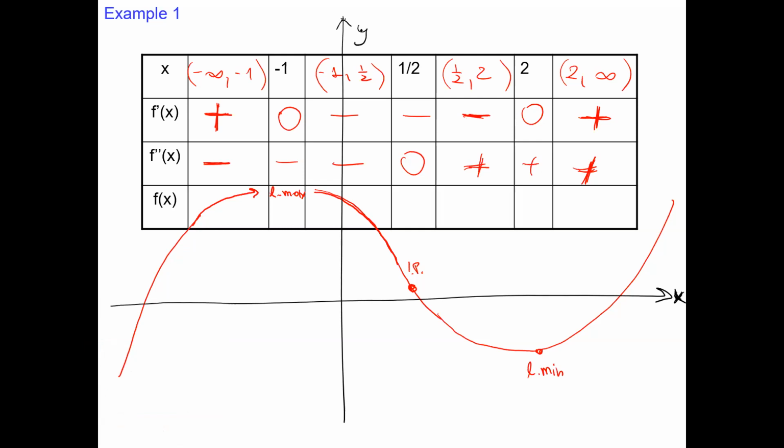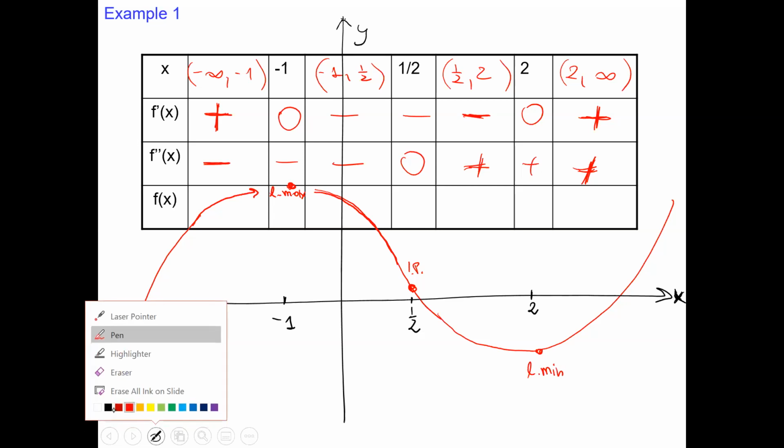This is the y-axis, but definitely at 1/2 we have an inflection point, at 2 we have a local minimum, and at negative 1 we have a local maximum. I still don't know the exact values, right? Maybe a little bit higher, but we can still compute actually. Let's do it.